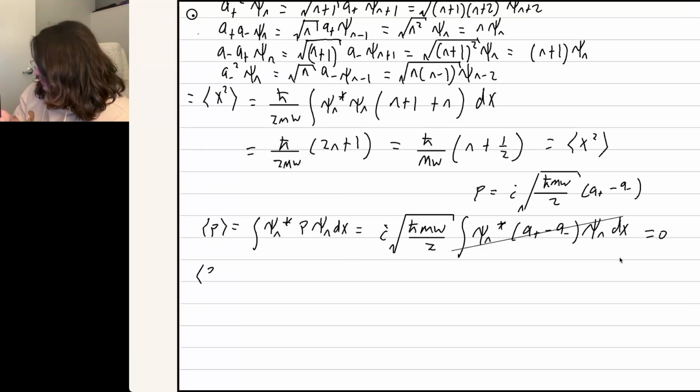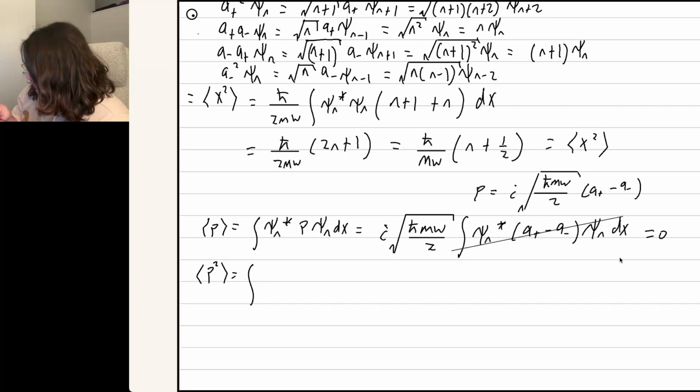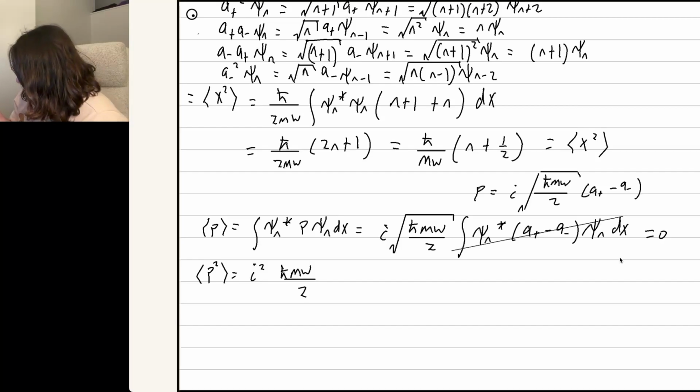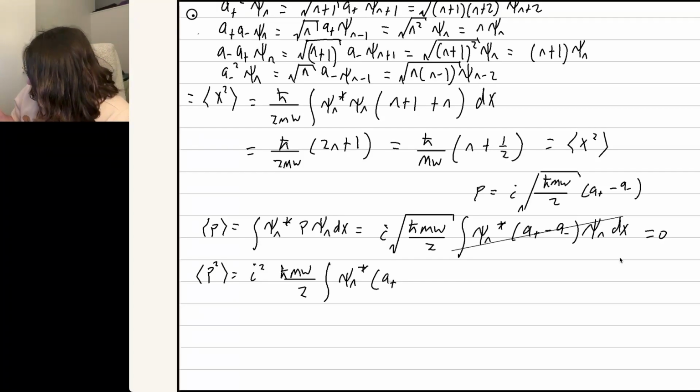So for p squared, though, squaring the radical, we have i squared ħmω over 2 times the integral psi n star (a plus minus a minus) squared psi n dx.